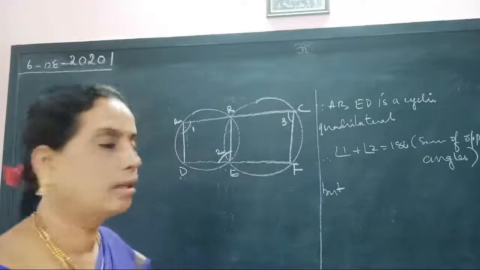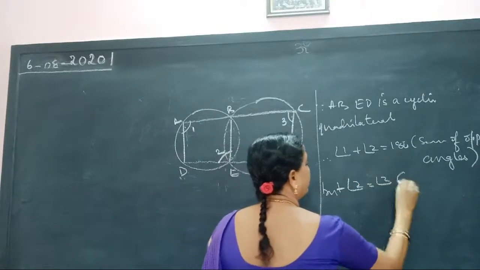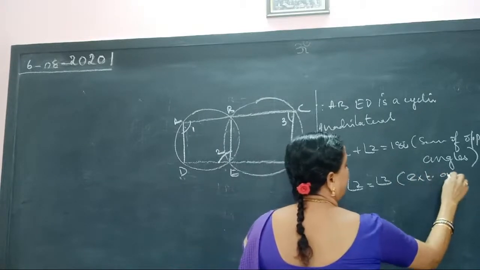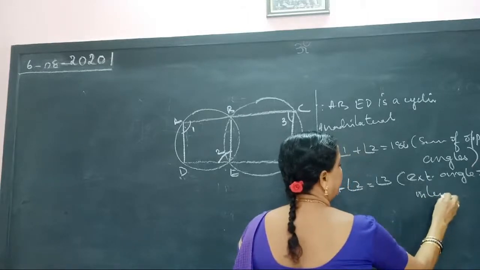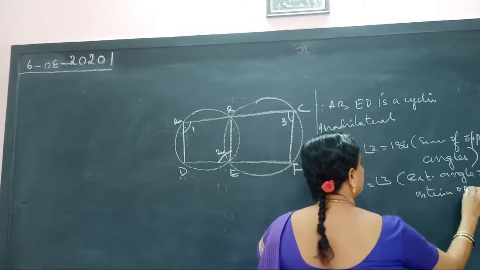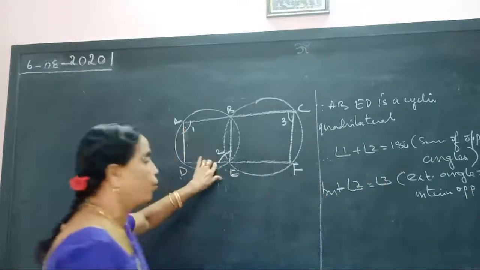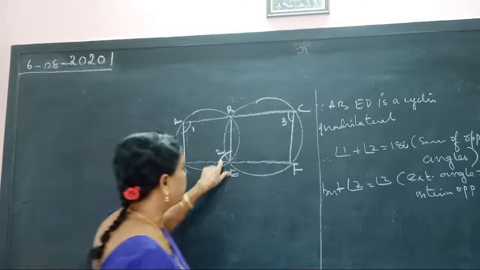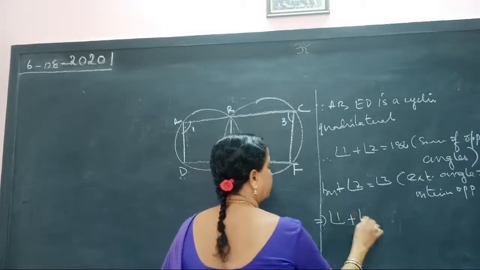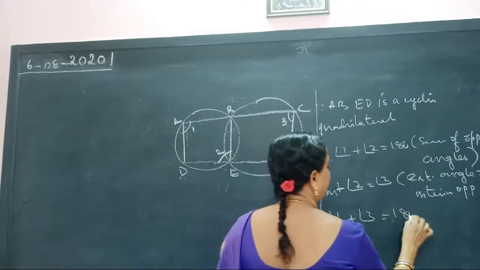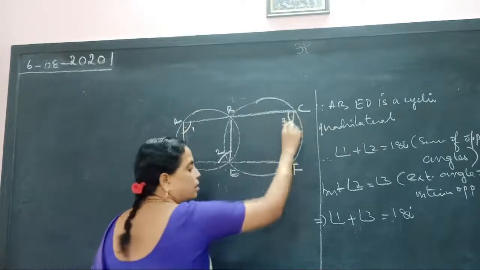But angle 2 equals angle 3, exterior angle equal to interior opposite angle. 1 plus 2 is 180, but 2 is equal to 3, which implies 1 plus 3 equals 180 degrees. So they form co-interior angles.